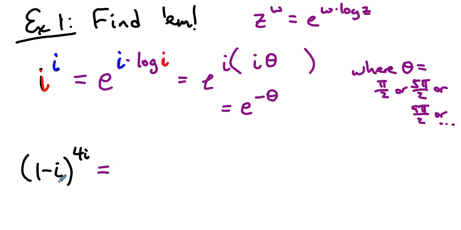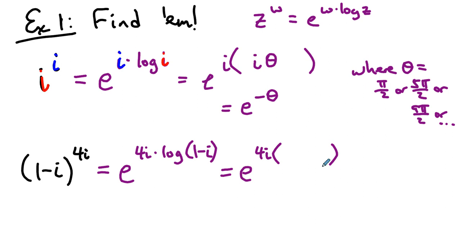Similarly, 1 minus i to the 4i, that's e to the 4i times the log of 1 minus i. Well, how do we find the log of 1 minus i? Well, we figure out how far 1 minus i is from the origin. There's 1 minus i.